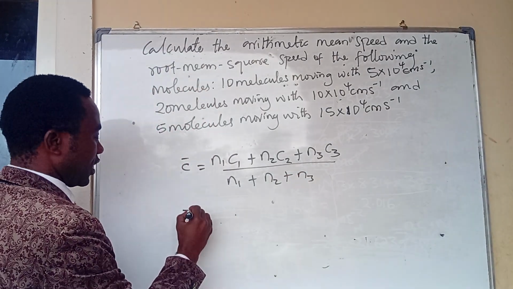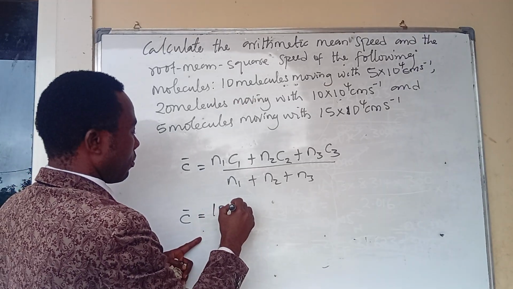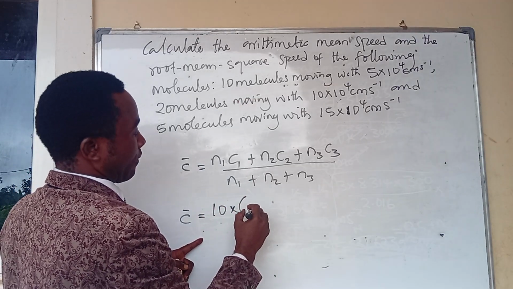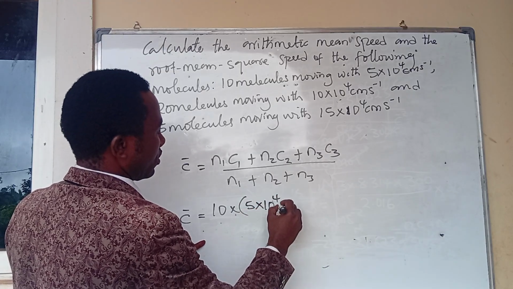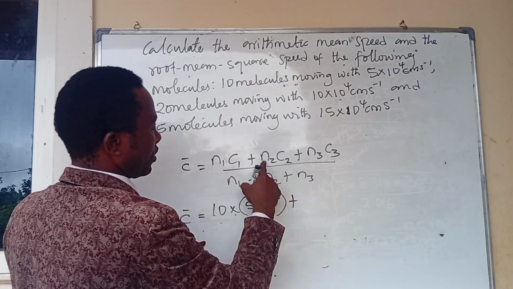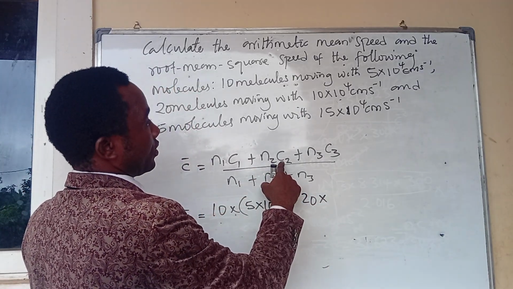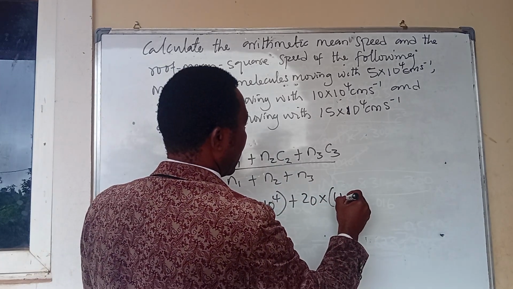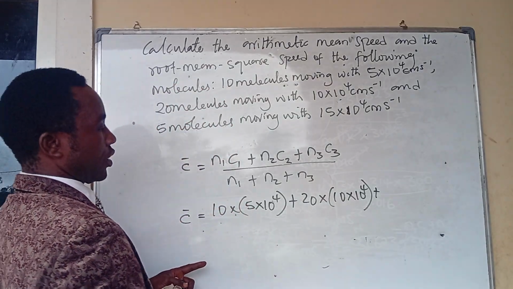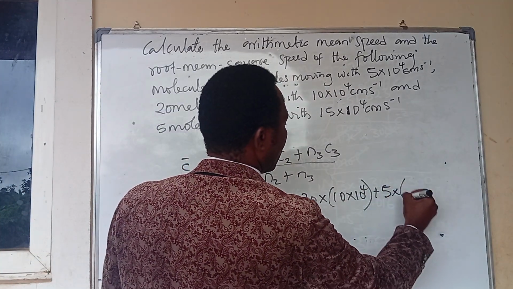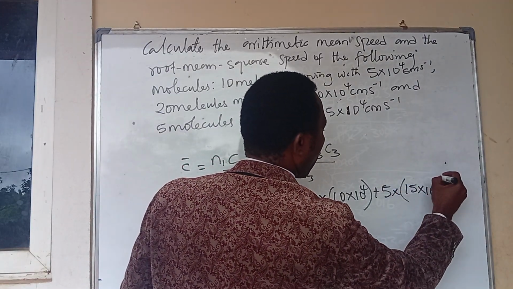That means C bar will become: the first number of molecules we have is 10 multiplied by the speed. What is the speed? The speed is 5 times 10 to the power 4. Then plus the next, 20 times the speed, which is 10 times 10 raised to the power 4, plus the next, 5 multiplied by the speed, which is 15 times 10 raised to the power 4.